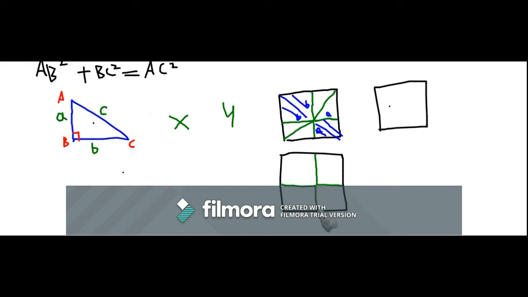As we can see, the upper square formed will have an area of b square, as it has all the sides of b, and the lower one formed will have an area of a square. So this is our square one complete as of now.